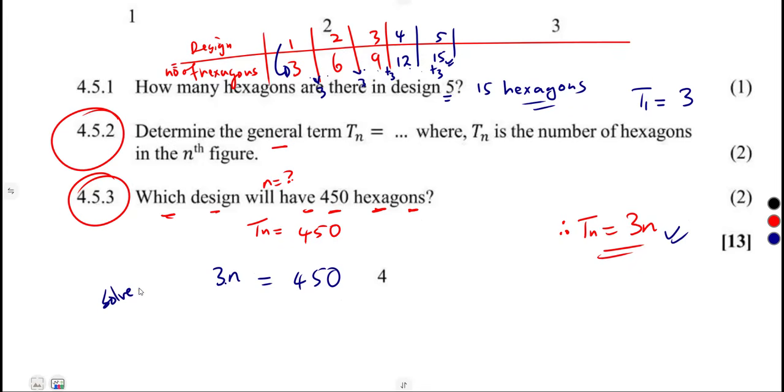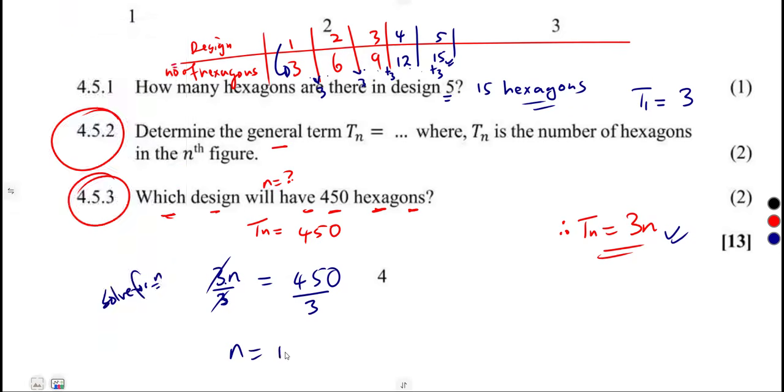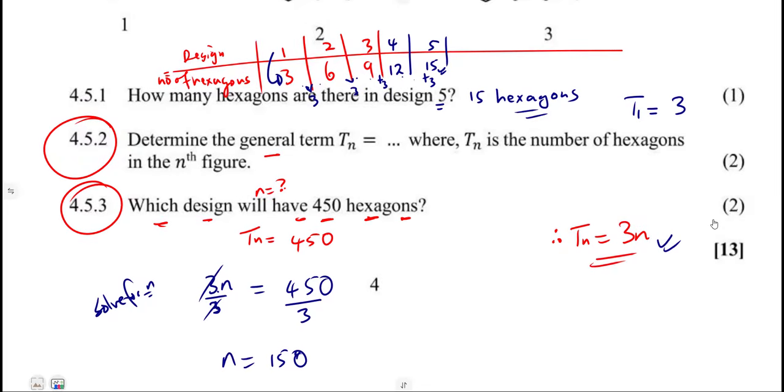Solve for n in this equation. Divide by 3, like that. So that is going to cancel. 450 divided by 3 is going to give us 150. So meaning to say, that's the 150th design, which will have 450 hexagons. All right. Simple like that.